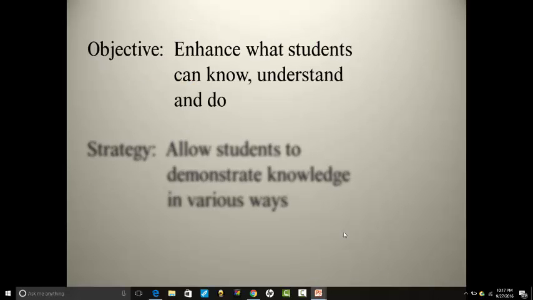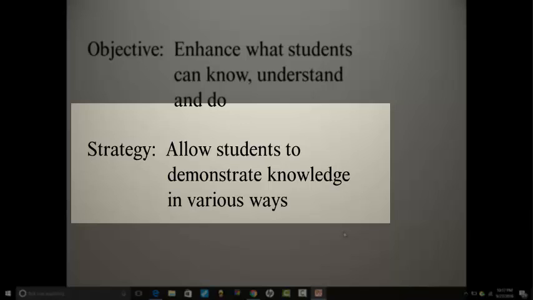With reflections, we start with the objective. What are we trying to accomplish? We want to enhance what students can know, understand, and do. This, of course, is always our objective, and reflections are going to help us do it because the strategy we're working with is to allow students to demonstrate knowledge in various ways.